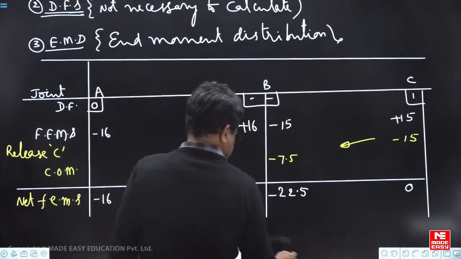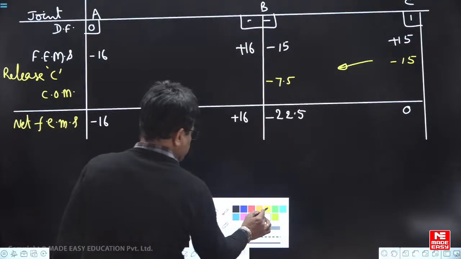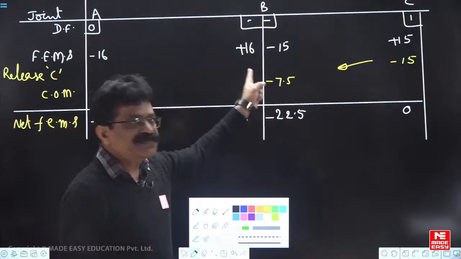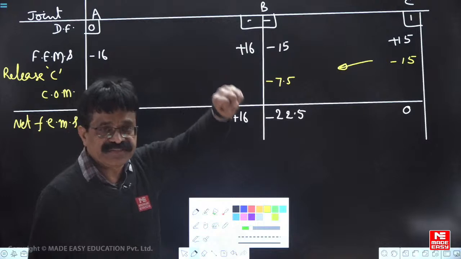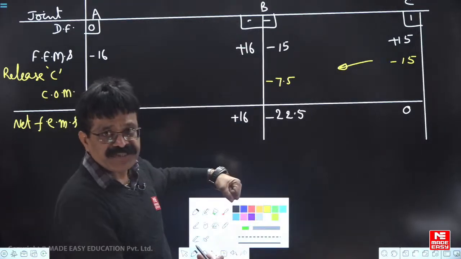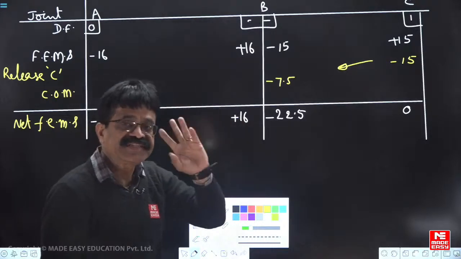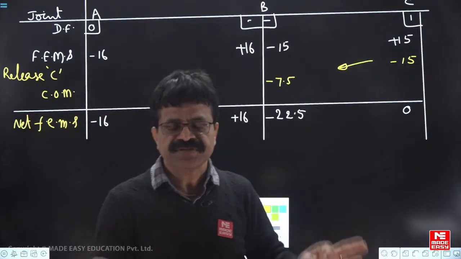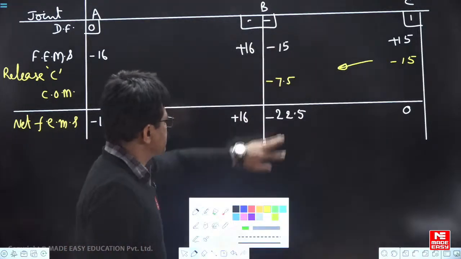Now you see. To lock joint B, how much moment is required? Minus 6.5 kilonewton meter. If you apply, it is locked. Then what you will do in the moment distribution method? You release, then distribute. Release and distribution is called balancing. Don't release, don't distribute. Just find what is the fixed end moment to make the slope 0, which means only the sum of this one.